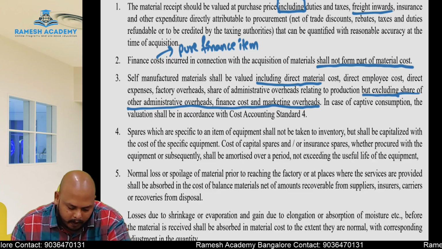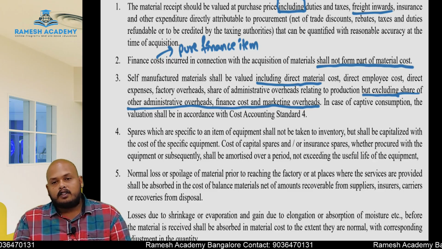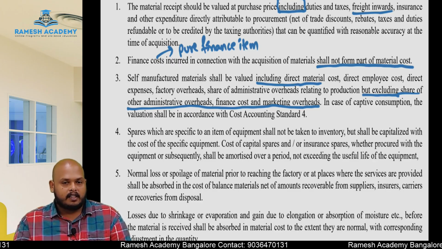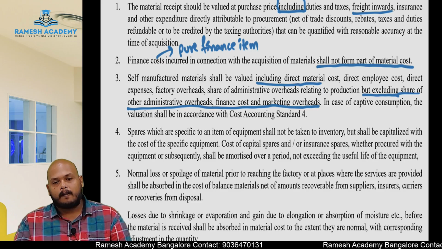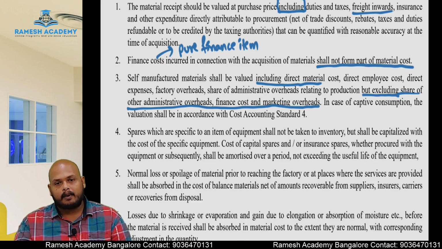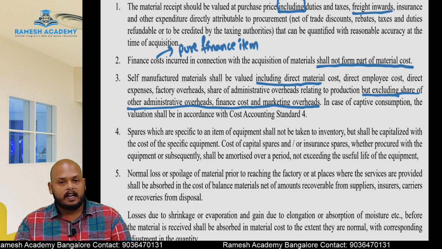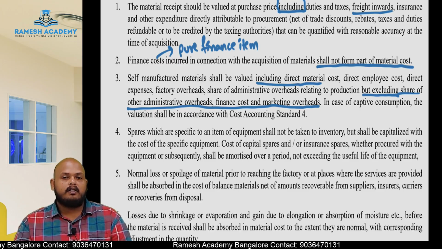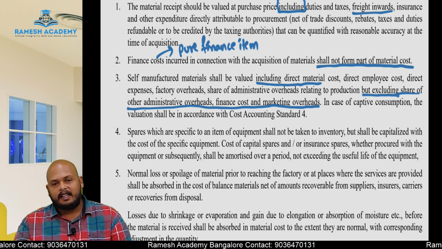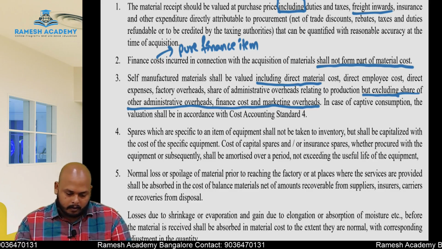In case of captive consumption, the valuation will be according to cost accounting standard 4. Okay, nana. So in the case of self-manufactured raw materials, what are the items we have to include? We have to include raw material cost, direct employee cost, and factory overheads. We have to include the factory overheads only related to production and administrative overheads related to production. Only these are the items we have to include in the case of self-manufactured raw materials, nana. The rest we have to exclude, nana.